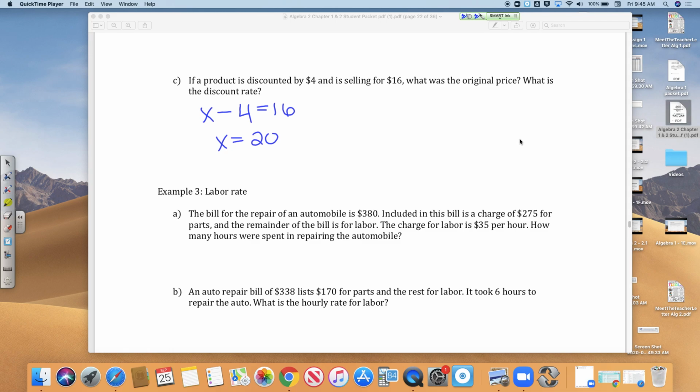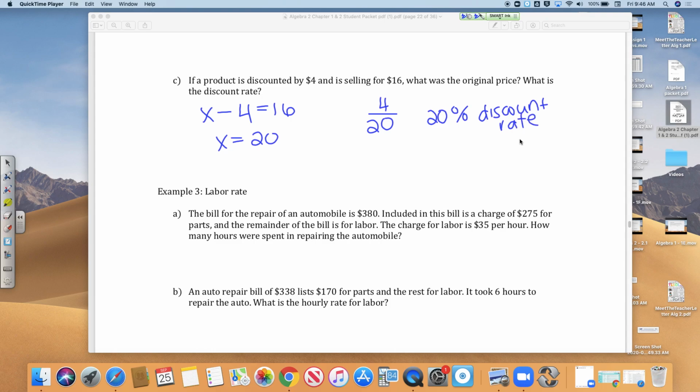So if the original price was $20 with a $4 discount, to find the discount rate, we take the amount of the discount, which is $4, and divide it by the original amount, which we just found was $20. That would be a 20% discount rate. I didn't label my answers here.